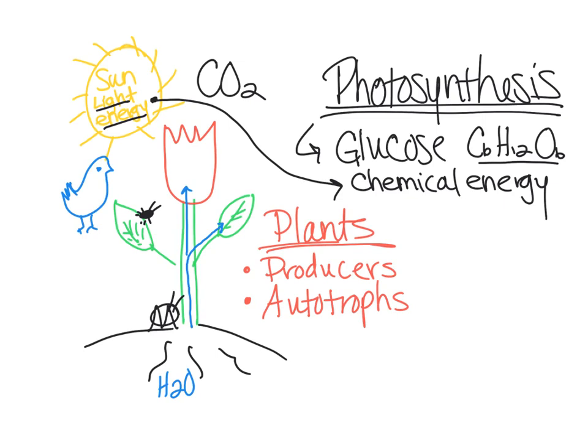So none of those are producing their own energy. So we call everything over here a consumer, because they have to consume their calories and their energy. So the bird, the beetle, the grasshopper, all of that falls into that category.